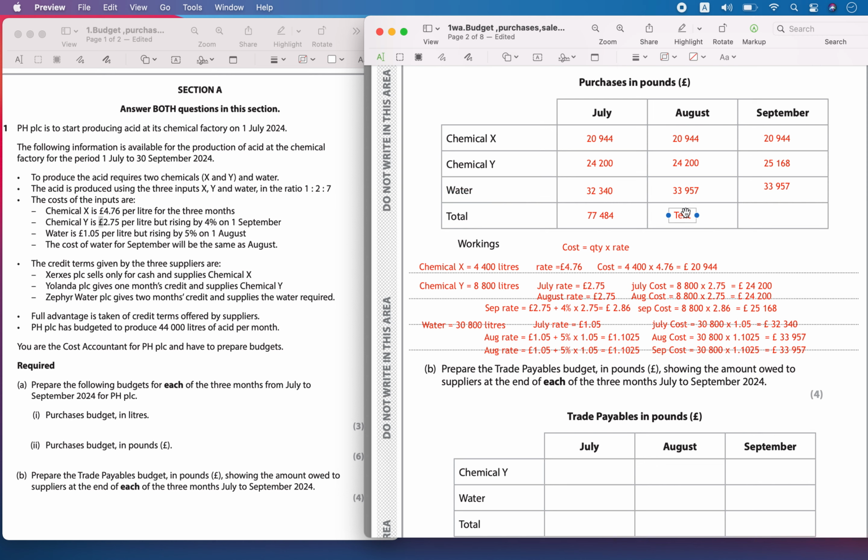This value is going to be equal to 79,101. And for the September month, let's add up 20,944 plus 25,168 plus 33,957. It is equal to 80,069.